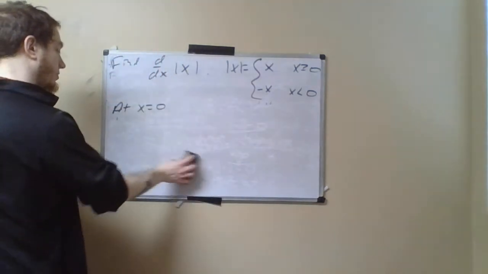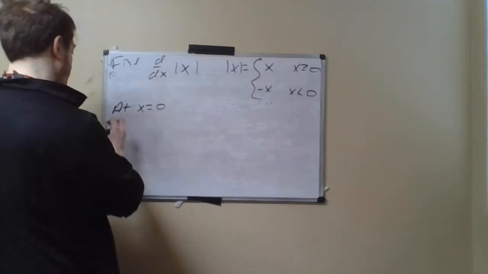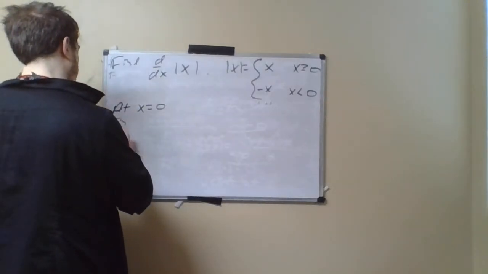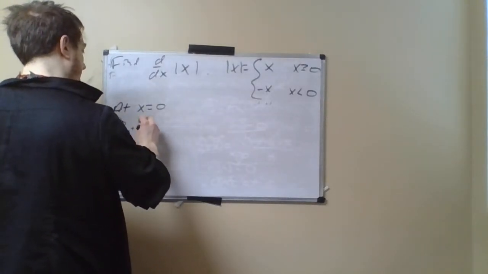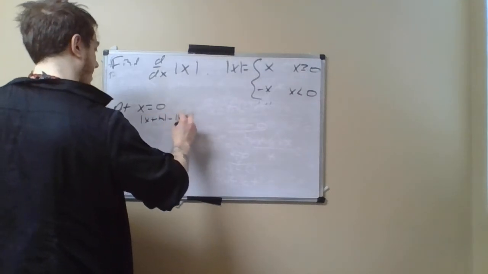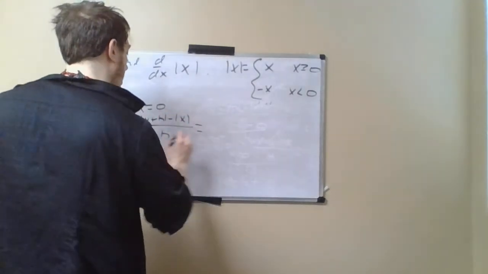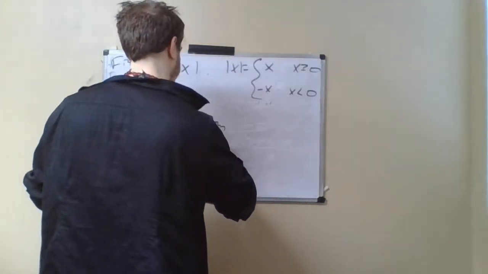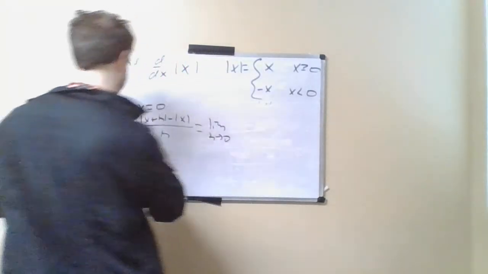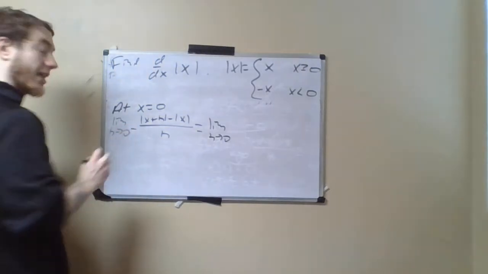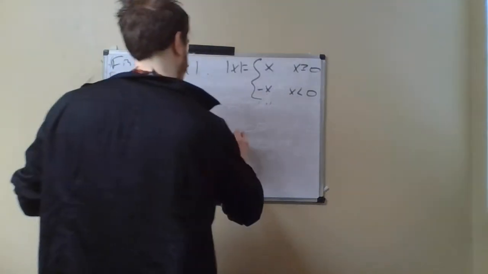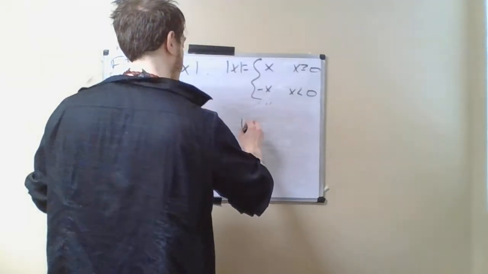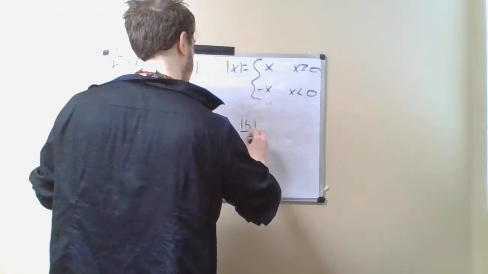And now I'm going to show you. If we take the limit as h approaches 0 from the left, absolute value of x plus h minus absolute value of x, divided by h. Okay, we can replace x with 0, so this is really the limit as h goes to 0 from the left, I meant to write from the left, there we go, of absolute value of h divided by h.